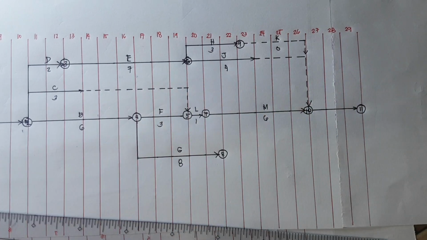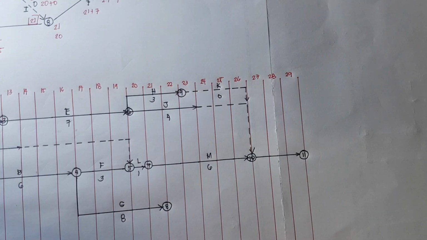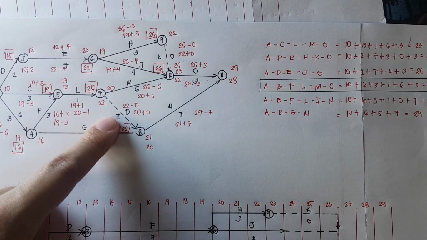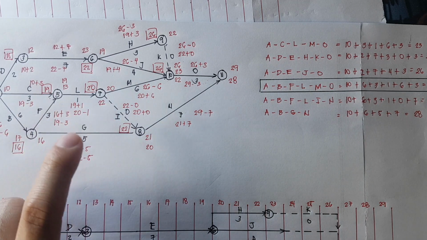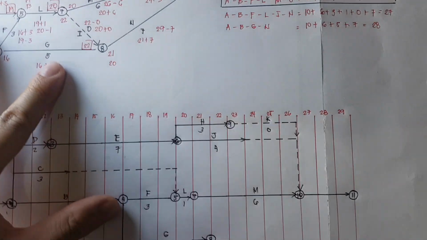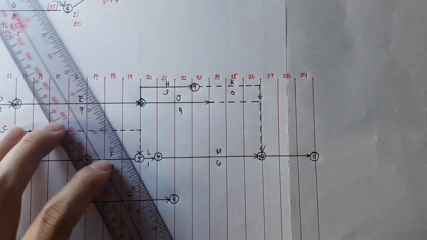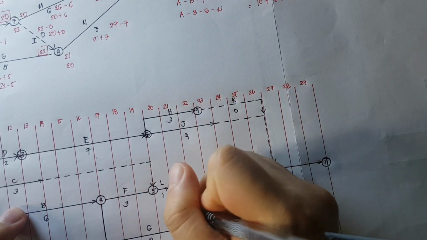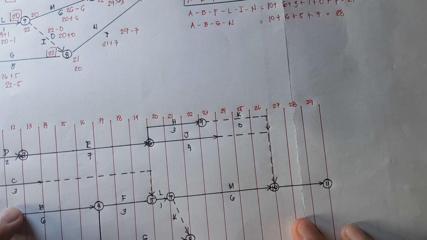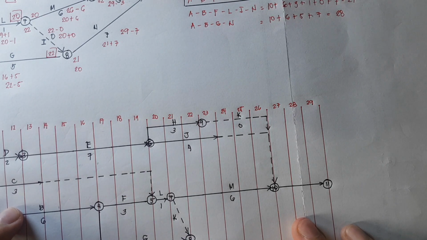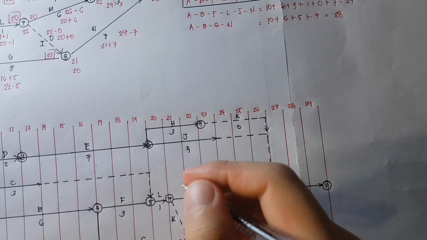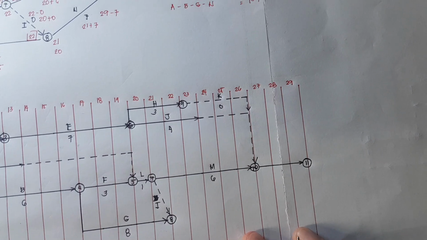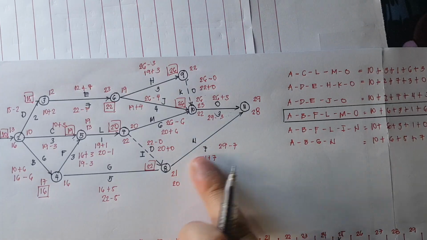G, 8. Okay. Next, we have activity N. Activity N is dependent on L and G. So therefore, we're just going to connect it with a hidden line because this is a dummy. Is that K? No, it's not K. It's I. Then, activity N is 7 days.